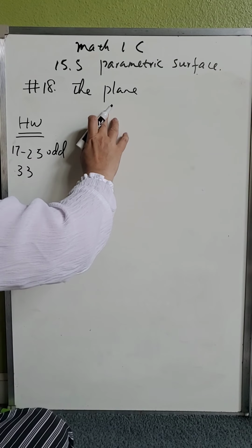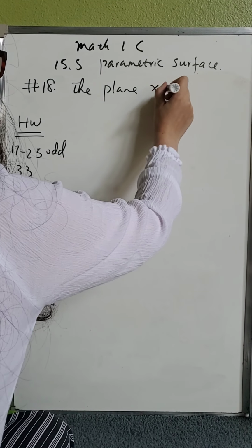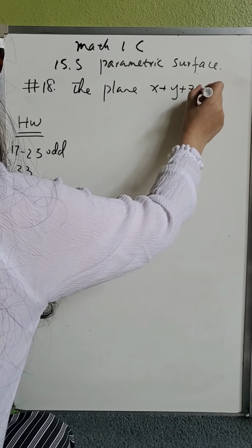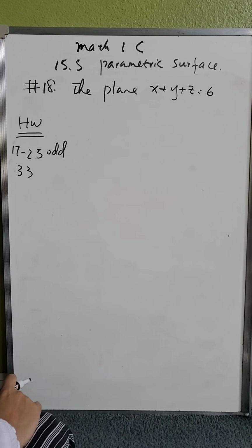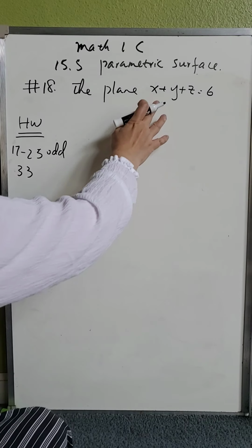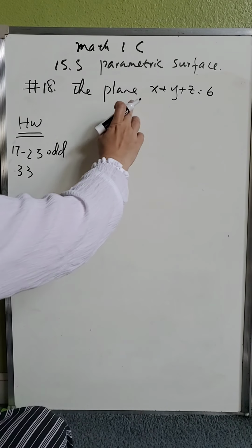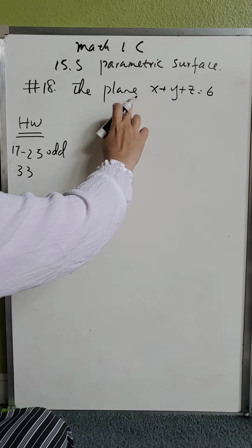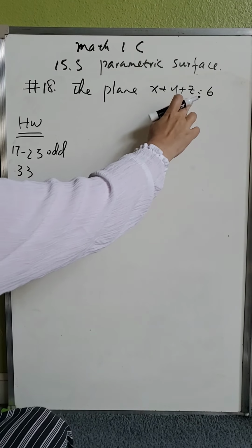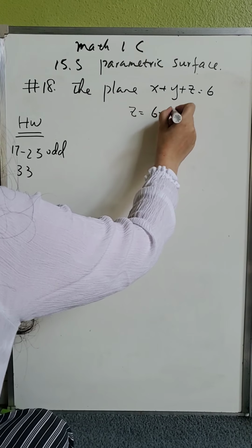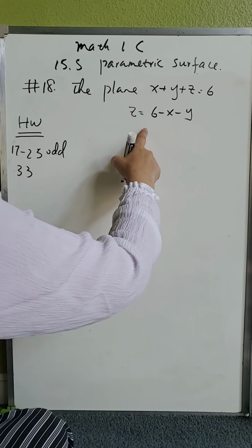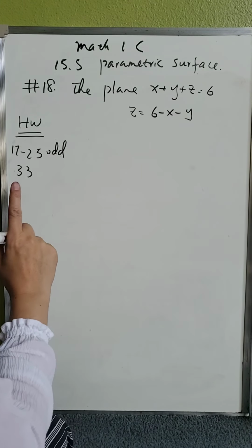So the plane is x plus y plus z equal to 6, and they want to parameterize this plane. Well, that's very nice, the surface function is given to you. You can solve for z first, and then you don't need to use a uv plane.